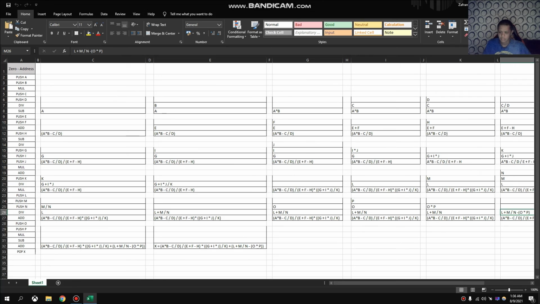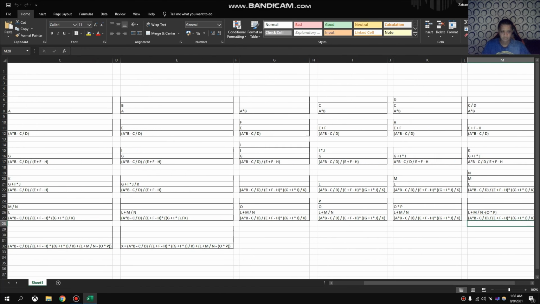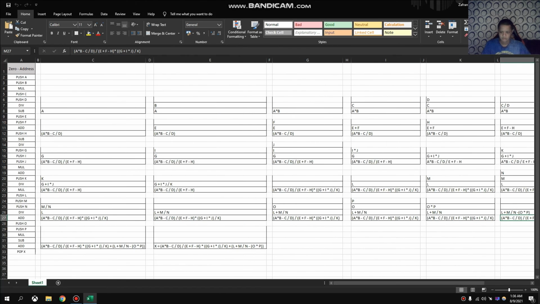And then we are almost at the last part, which is to combine everything. So we have ADD for the last part, for the L plus M divide N minus O multiply P. We have to add with this, so we will have this. After that we have the last part. We have to pop the whole thing.